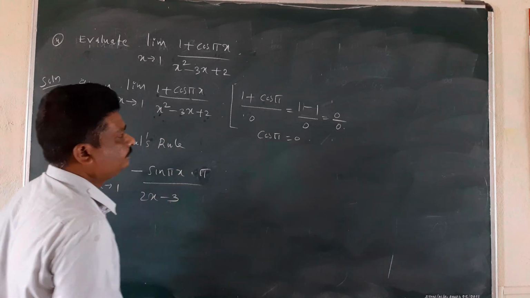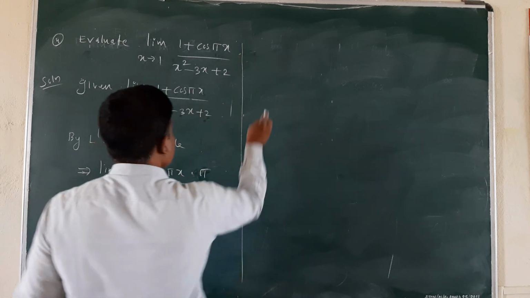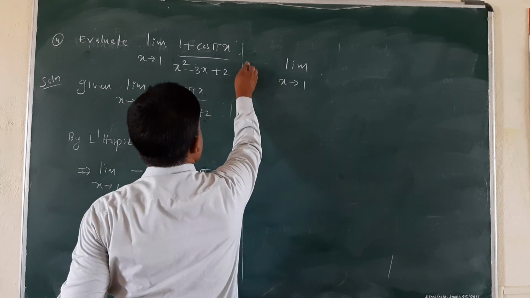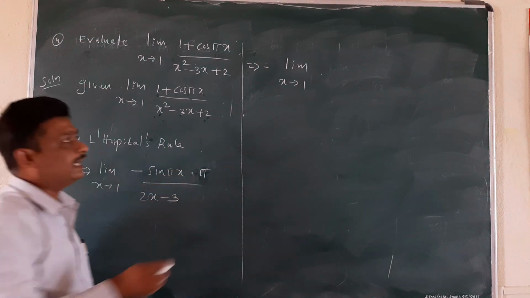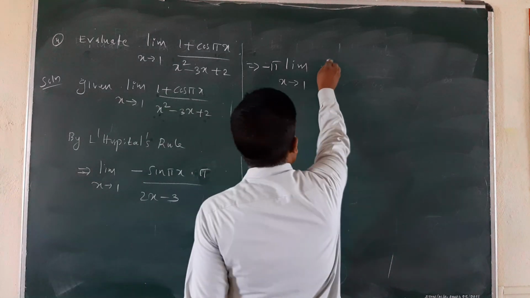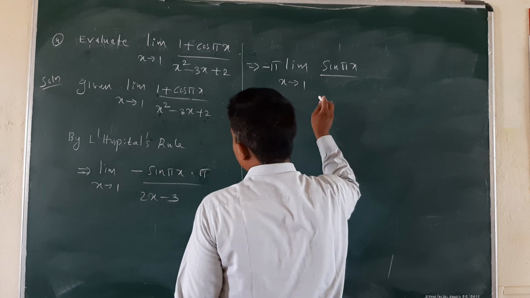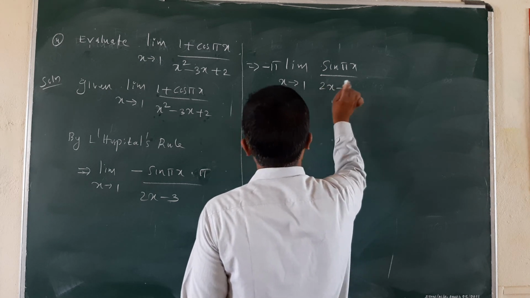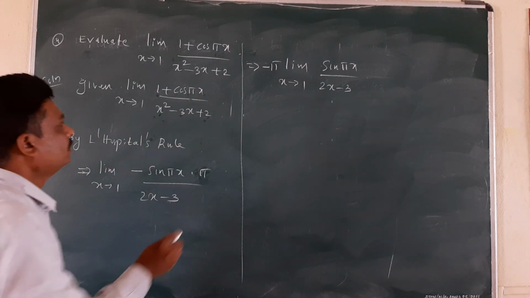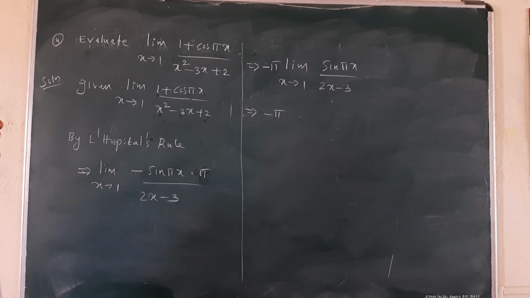So this implies limit as x tends to 1. Minus I will take outside the limit, and pi is also a constant, so I will write it outside the limit. So remaining is sin pi x upon 2x minus 3. So this implies minus pi.